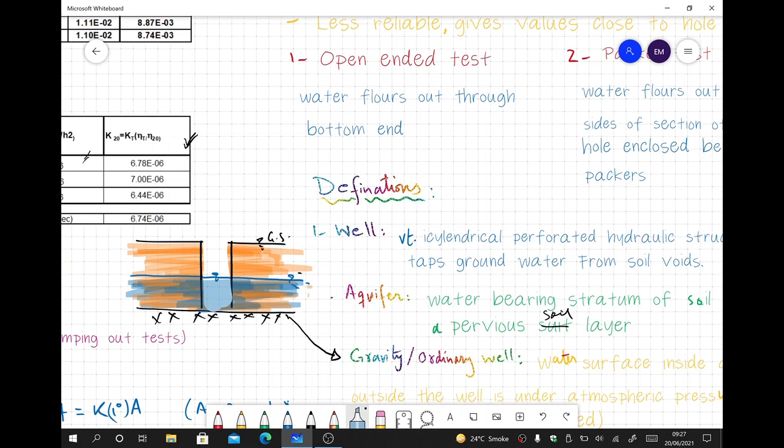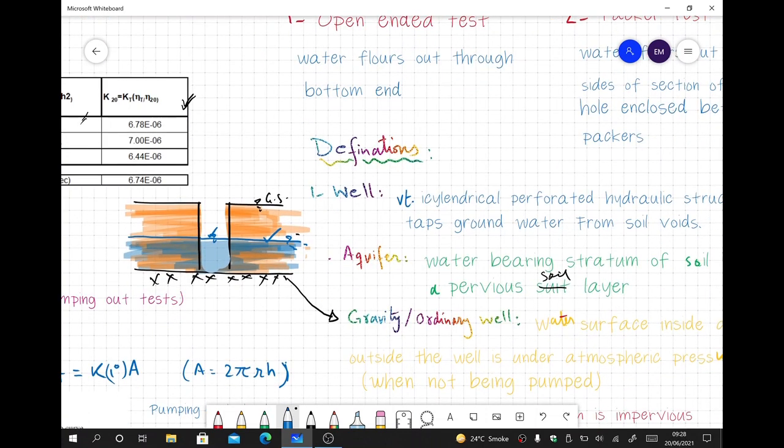So you see here, in such a situation, when the water table inside the soil and inside the well are the same, then it is called a gravity well. And this is called an unconfined aquifer or simply an aquifer.